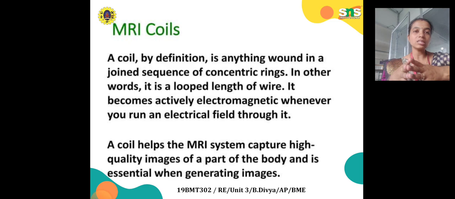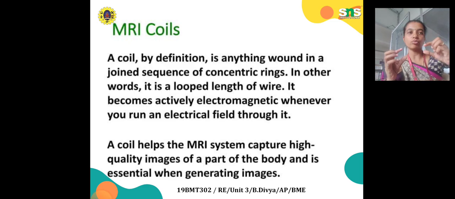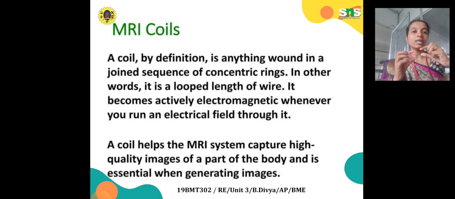In other words, it is a looped length of wire. It becomes actively electromagnetic whenever you run an electric field through it, which means the coil becomes actively electromagnetic when we give an electrical field through it.